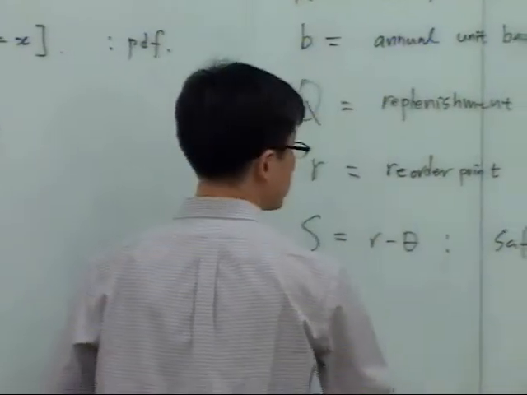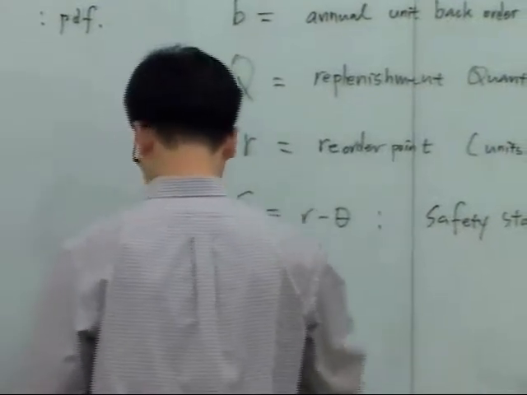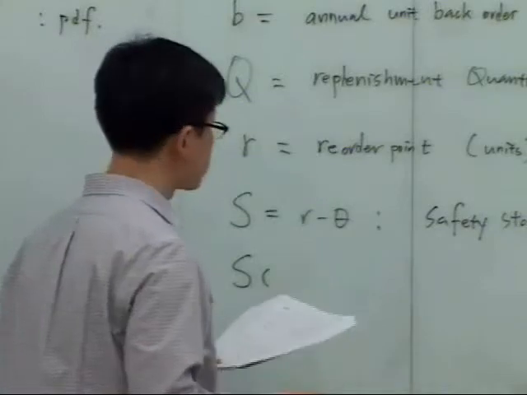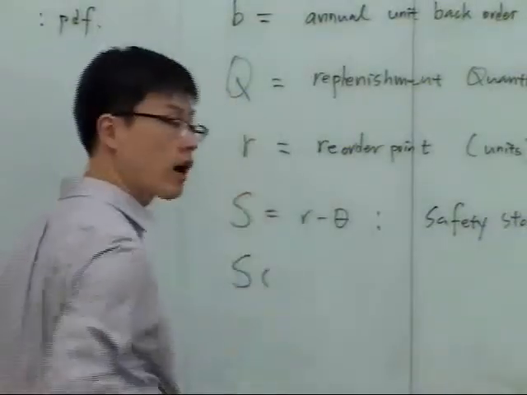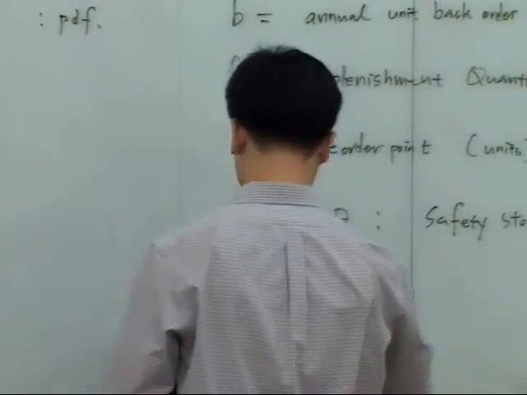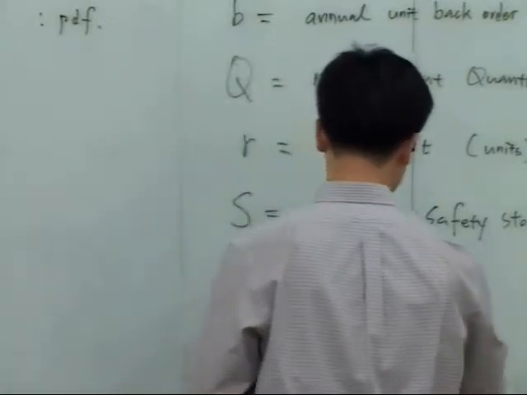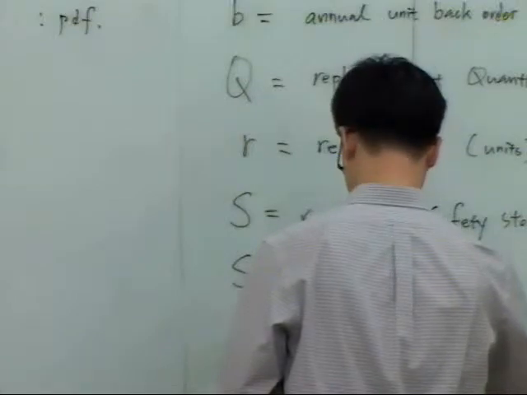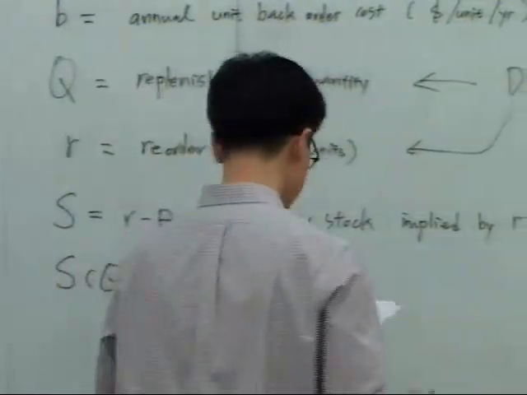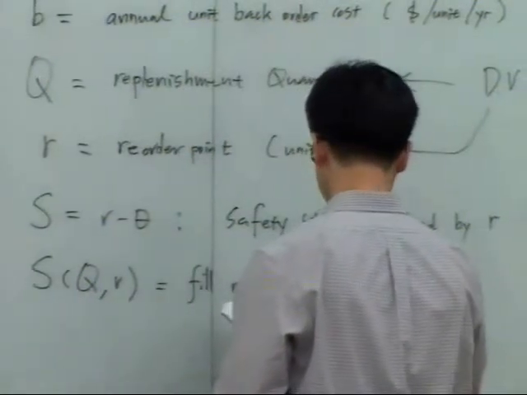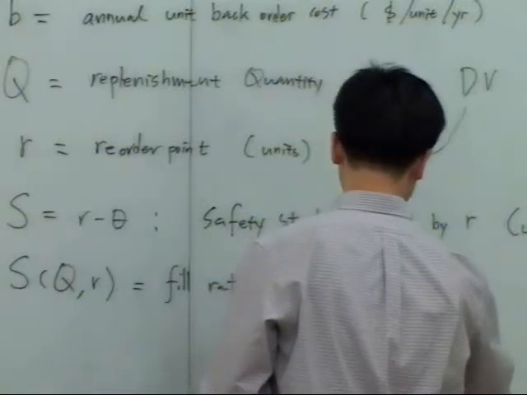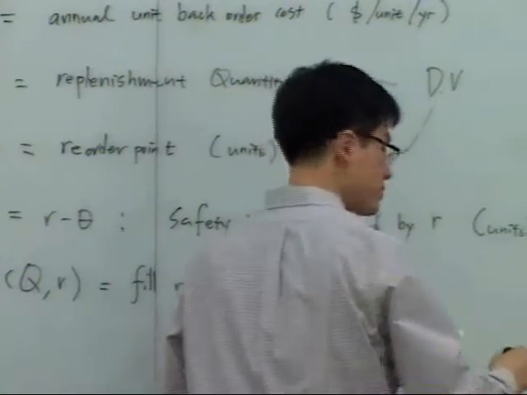And we have the same functions. Since the decision variables are Q and R, S is now a function of Q and R, the fill rate. The definition of the fill rate is the same as in the base stock model: the fraction of orders filled from stock.